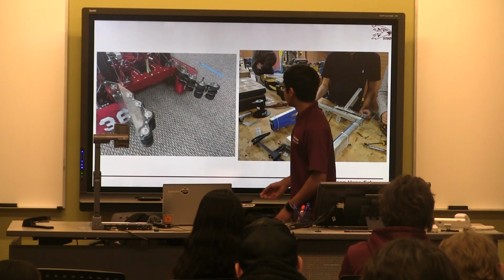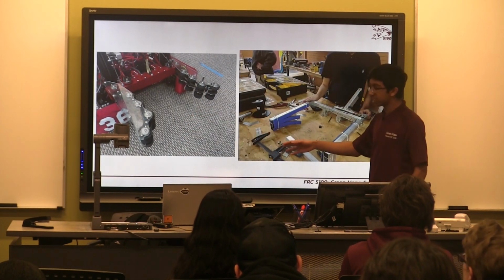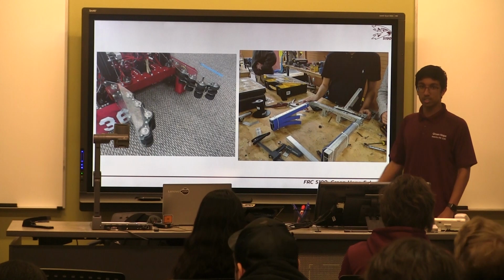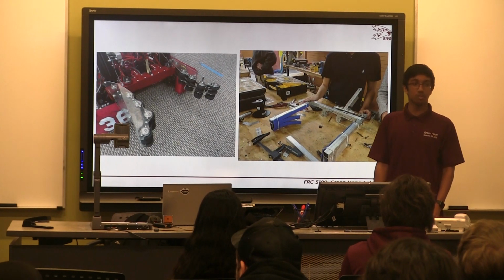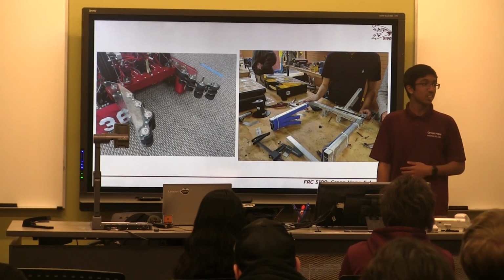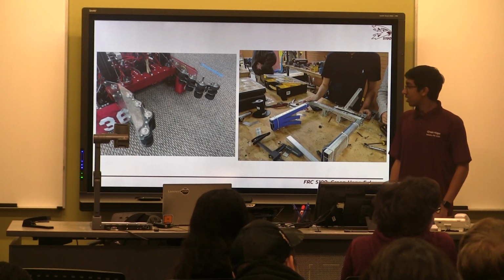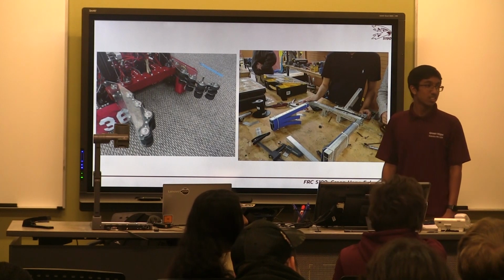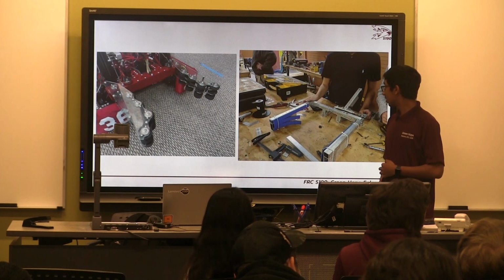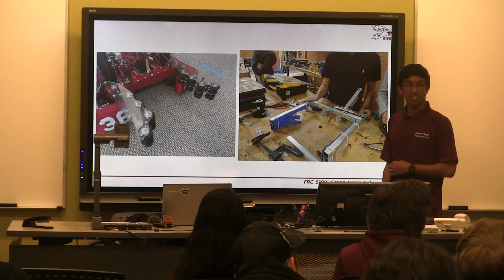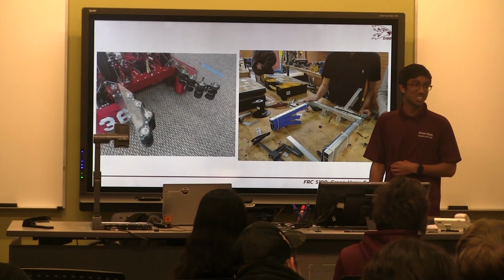So here's a different one. Which one here is a continuous intake and which one's a pneumatic intake? Anyone? Stephen? I think the rollers is a continuous, and then the one with the track, the blue thing on the inside is going to be stable.